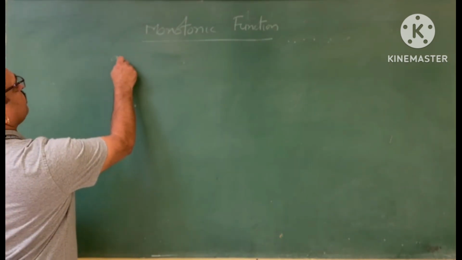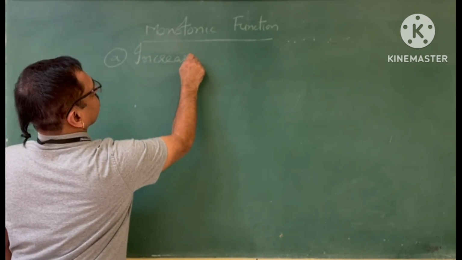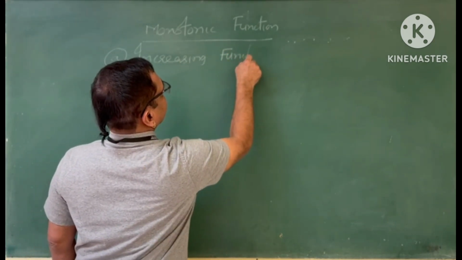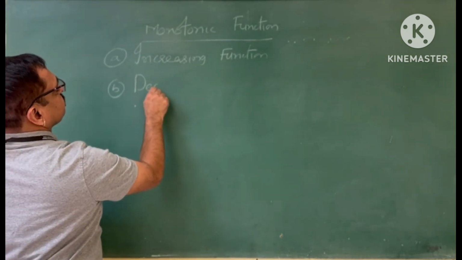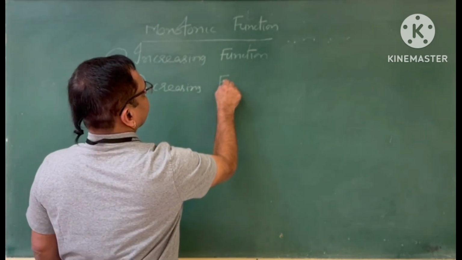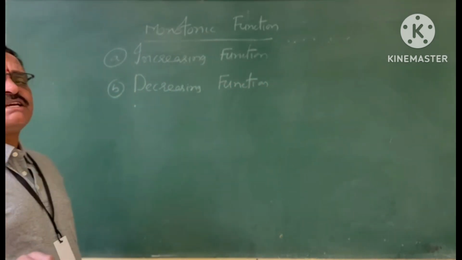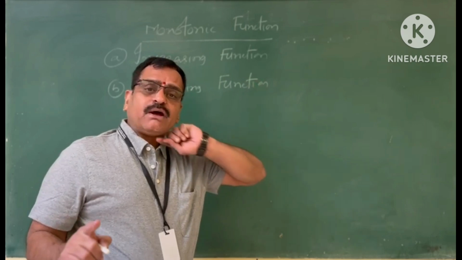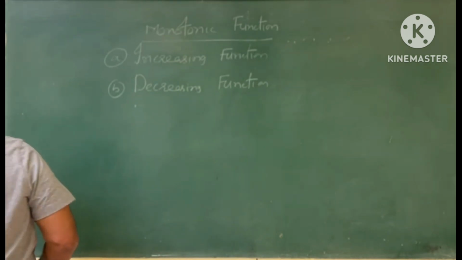So the two types are there: one is the increasing function, and number two, the decreasing function. If a function is either an increasing function or a decreasing function, then that function is called a monotonic function. Now, let me discuss what is meant by an increasing function first. Now, what is meant by an increasing function?